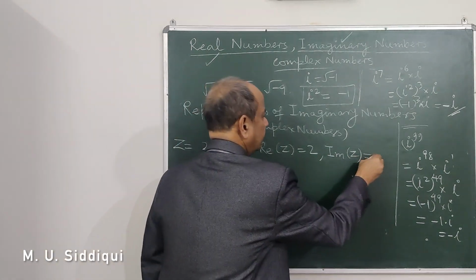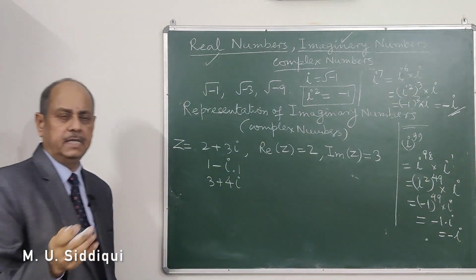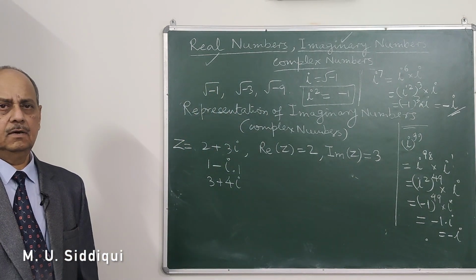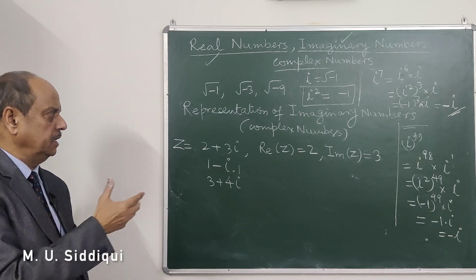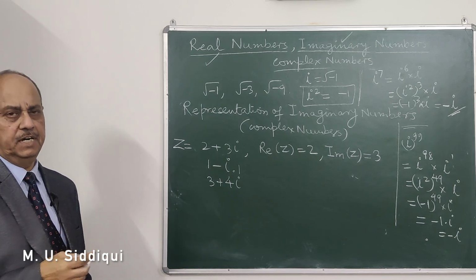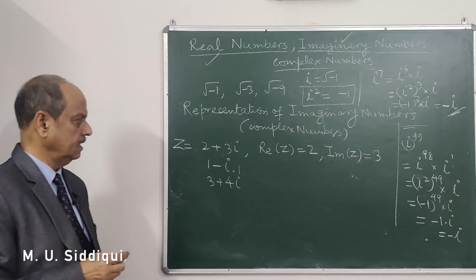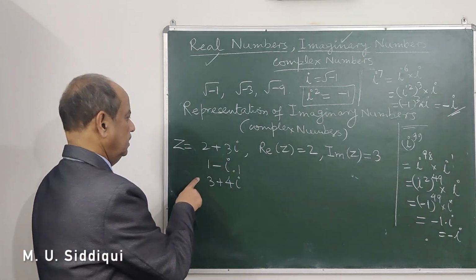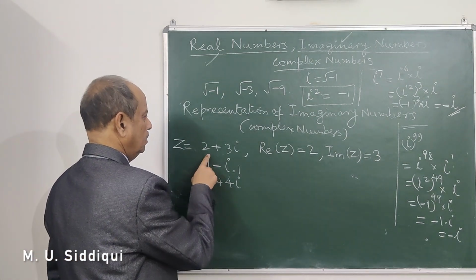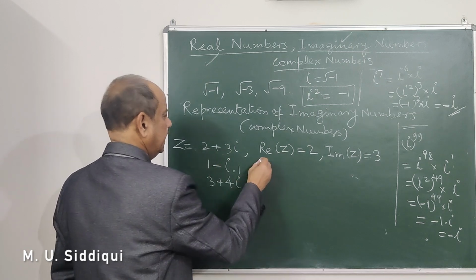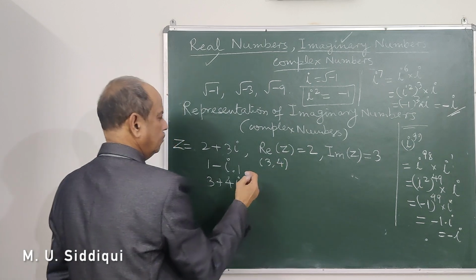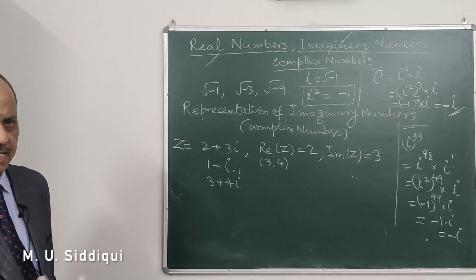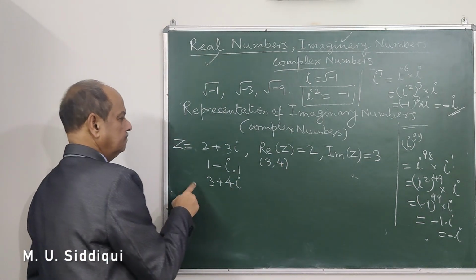So we write here 3, which will mean 3i, only the coefficient is written. So the imaginary part is actually 3i, but we write the coefficient only. Okay? And then I come to one more fact. This can be written in the form 2 plus 3i, which can be written as (2, 3) also in the form of coordinates. I will come to how we will be writing them.